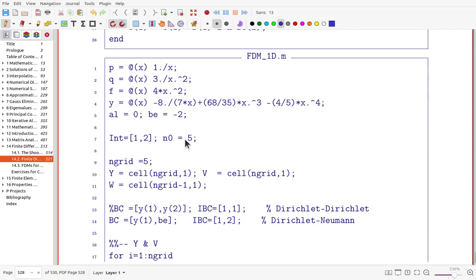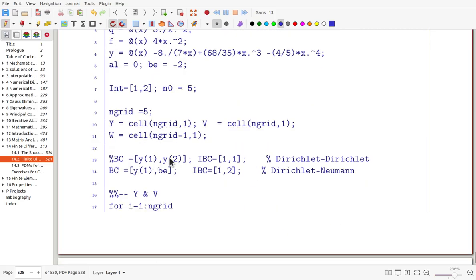Start with 5, and then 10, 20, 40, and 80 sub-intervals. And along with that, we try to refine again to get the solution.